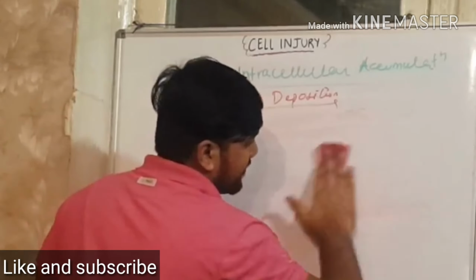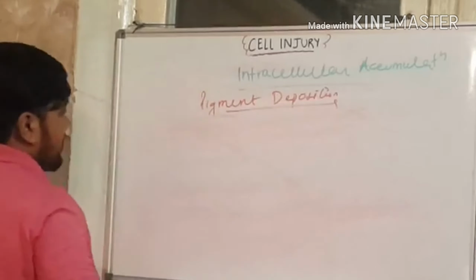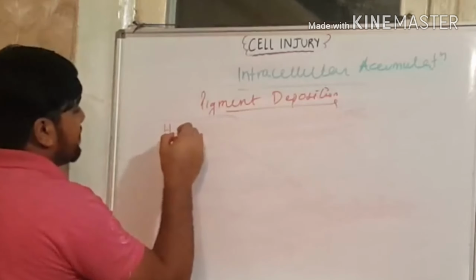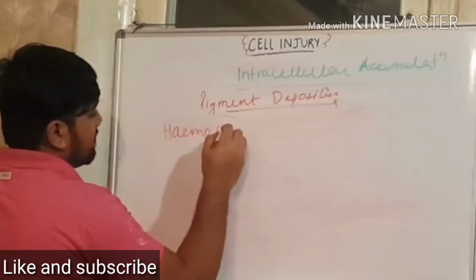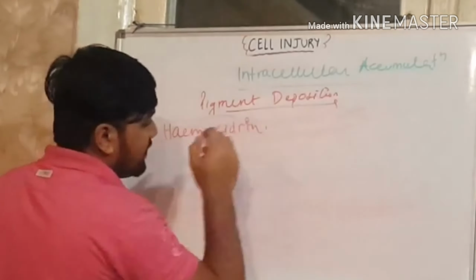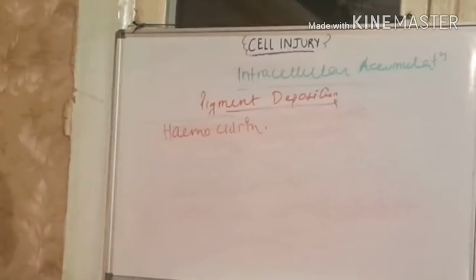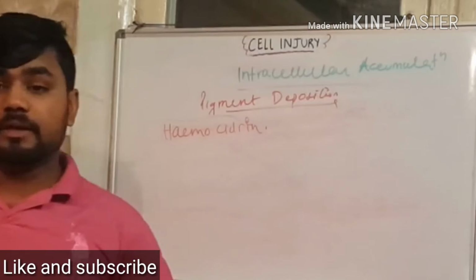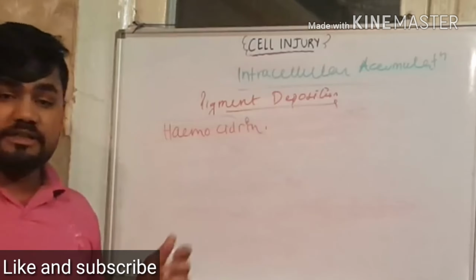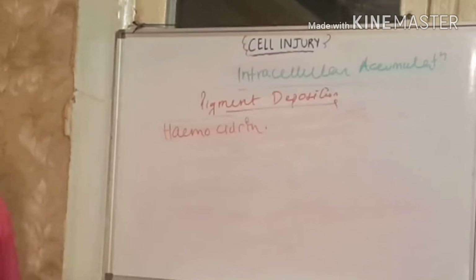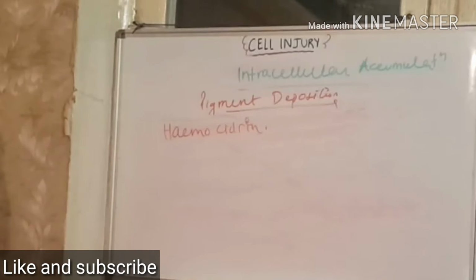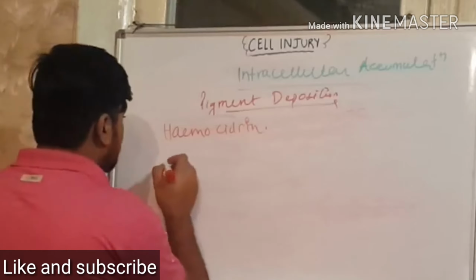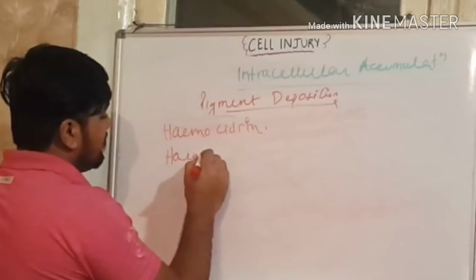Now the second last pigment that you are going to study is hemosiderin. From the name itself you should guess that this pigment is there from iron. It is a precipitated form of iron and its deposition in excess is known as hemosiderosis. So two terms, hemosiderin and hemosiderosis.